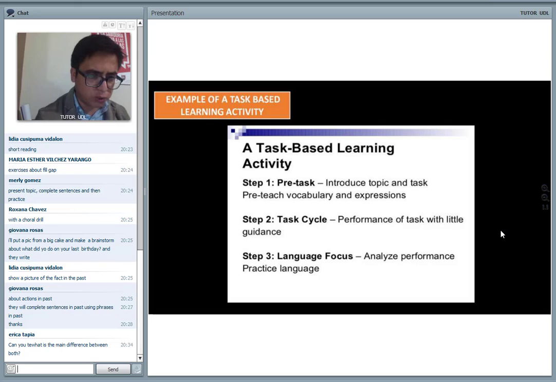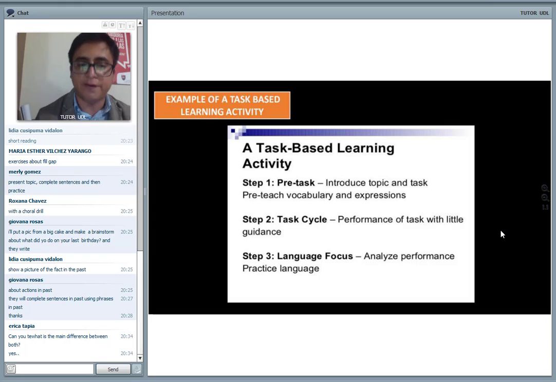Okay, Eric, I have a question. Can you tell me what is the main difference between both? Okay, you mean between the PPP and the task-based learning? So the difference is that, remember that in the first activity, in the PPP approach, the activities are not so difficult and there are not many stages to be done because you just present the topic, you give some materials.